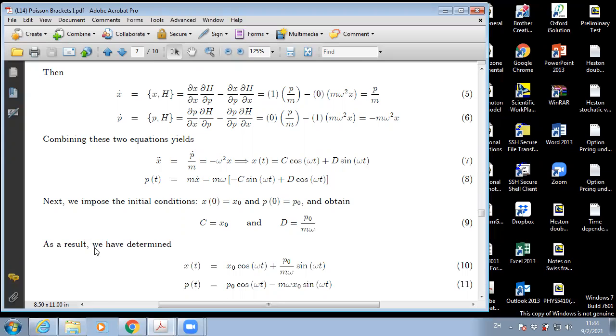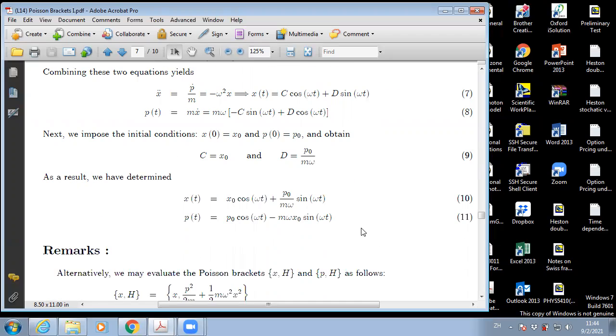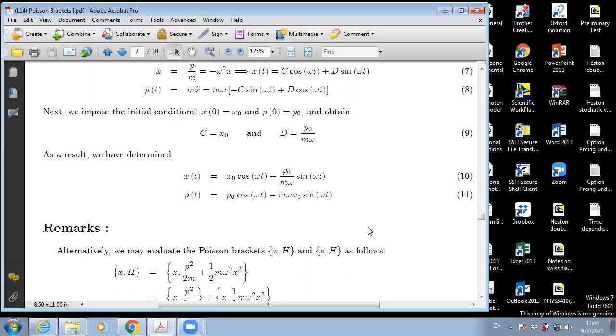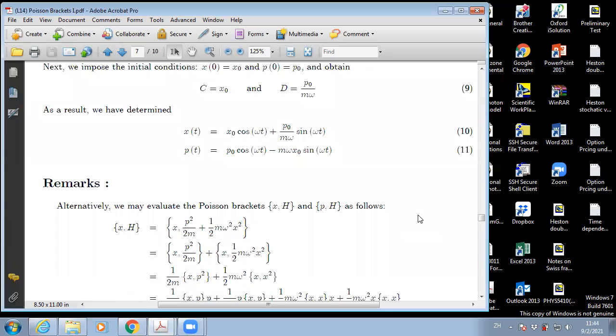As a result, we have determined x(t) and p(t) as time evolves. You can see that it exhibits harmonic oscillations, periodic motions.